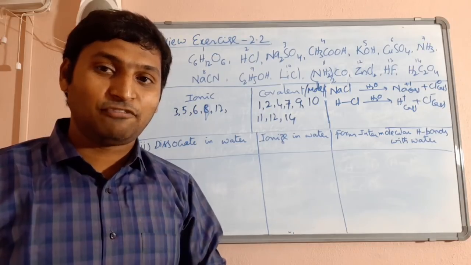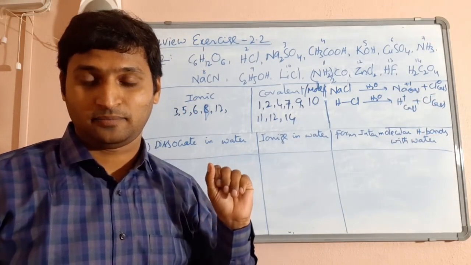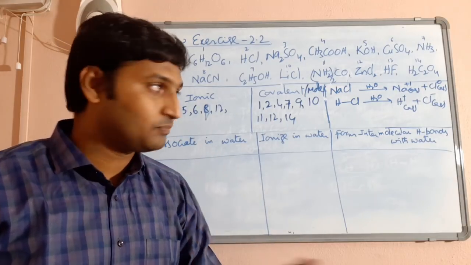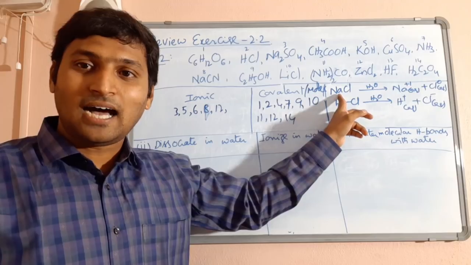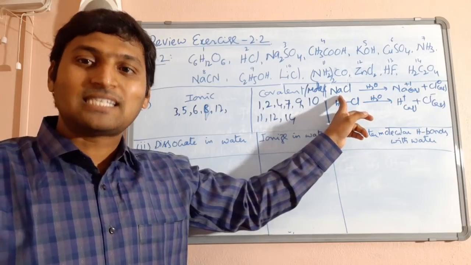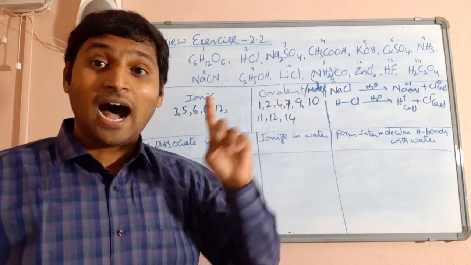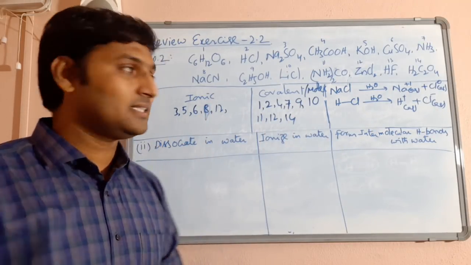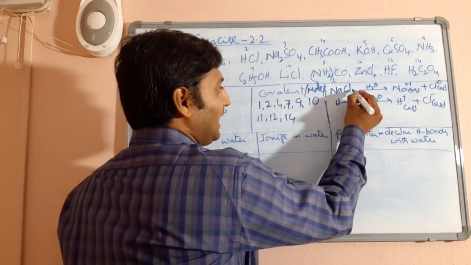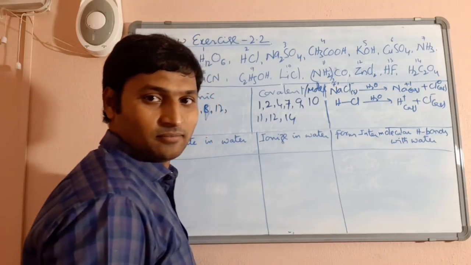But what is the difference in formation of ions in the solution here? The answer is, in sodium chloride, ions are becoming just independent in the solution, whereas in hydrogen chloride, ions are formed in the solution. Means, here already as a solid itself, it was made up of cation and anion.